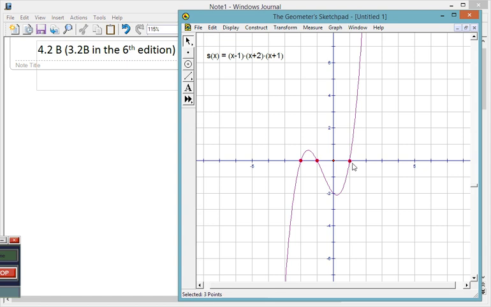So it crosses here at 1, so 1 is a zero of this function. And -1 is a 0, and -2 is a 0. And you notice there are 3. This happens to be a third degree polynomial, and the most it could have are 3.